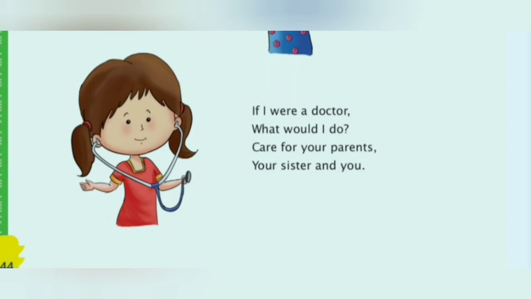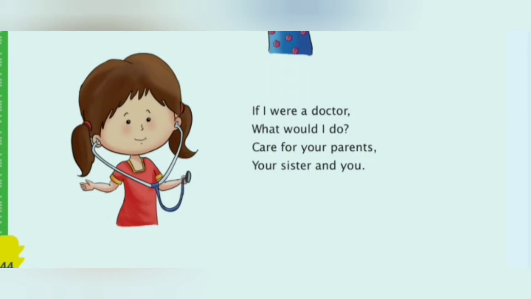Care for your parents, your sister and you. Now fast process. If I were a doctor, what would I do? Care for your parents, your sister and you.